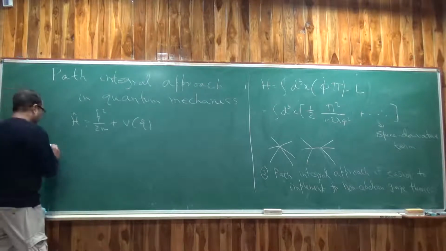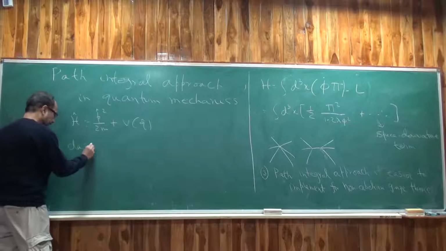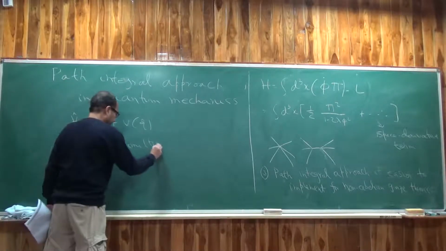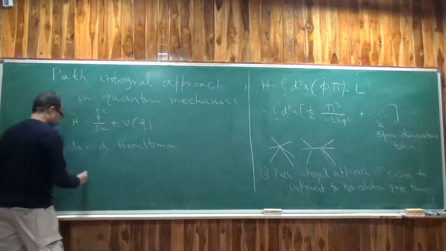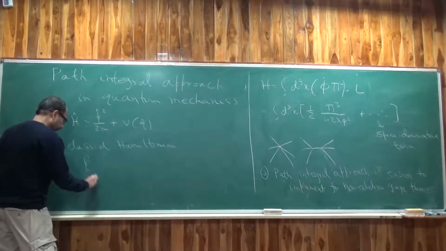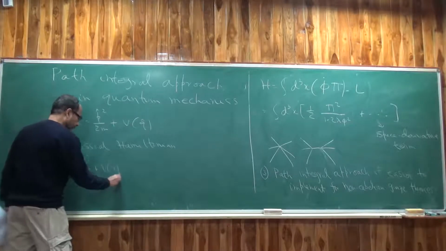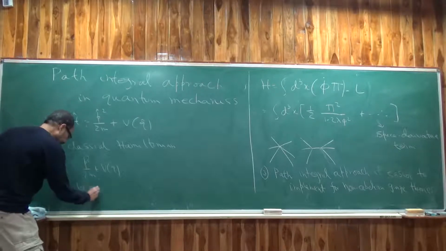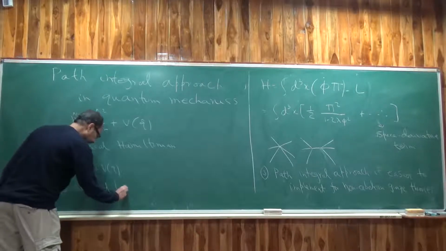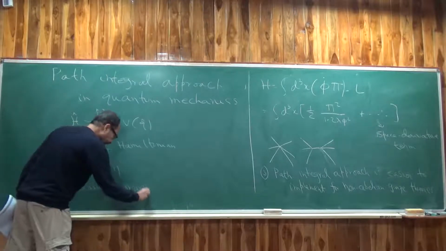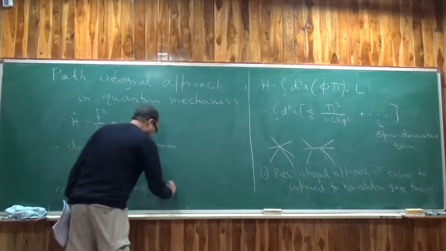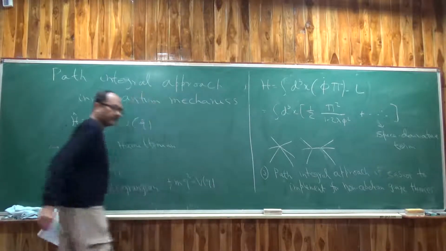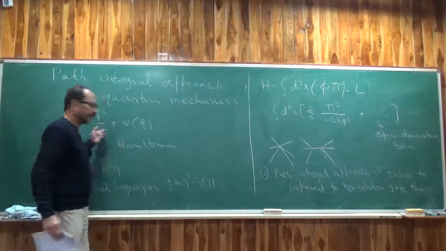This is associated with the classical Hamiltonian, which is p squared over 2m plus V of q, and we can also consider a classical Lagrangian, which is half m q dot squared minus V of q. This Lagrangian gives rise to this Hamiltonian.